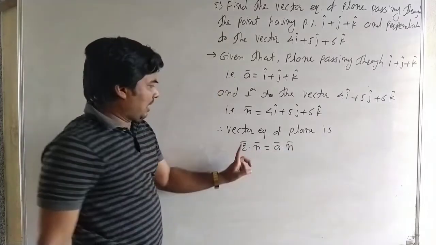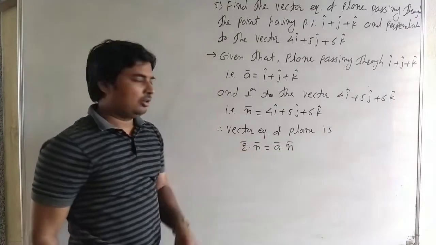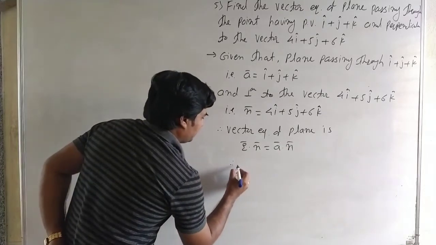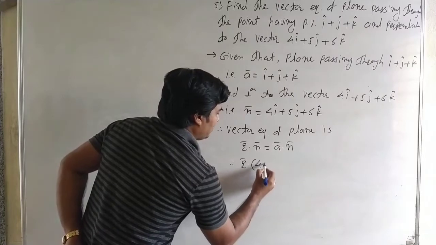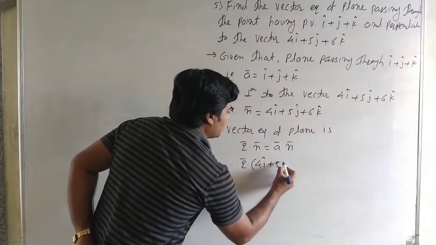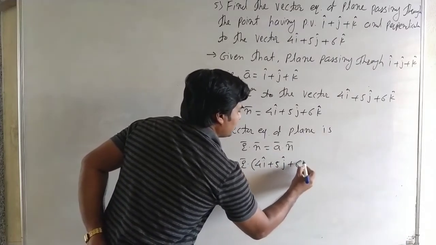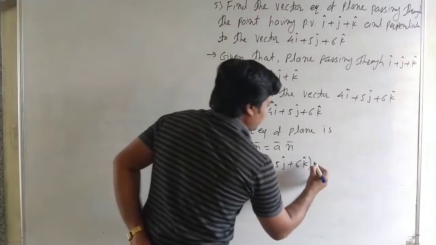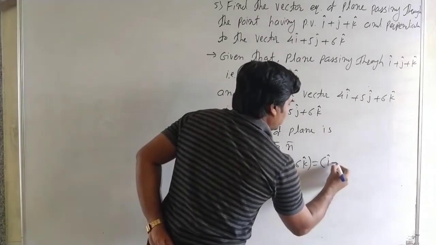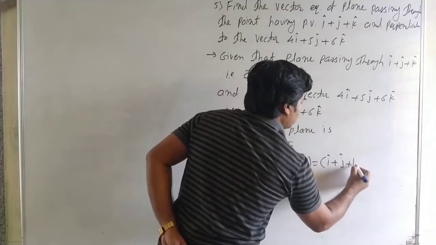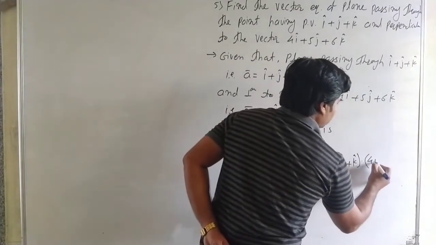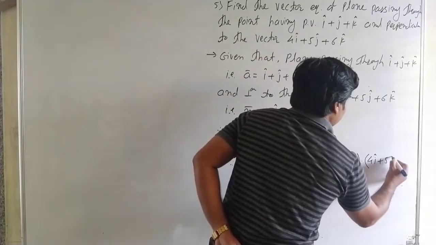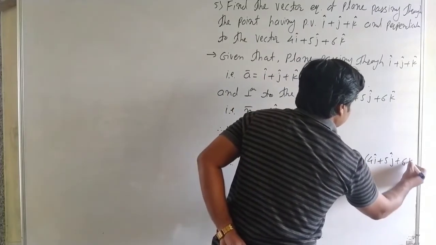Okay, r bar dot n bar is equal to a bar dot n bar, and therefore r bar dot 4i cap plus 5j cap plus 6k cap is equal to a bar, i cap plus j cap plus k cap, dot 4i cap plus 5j cap plus 6k cap.